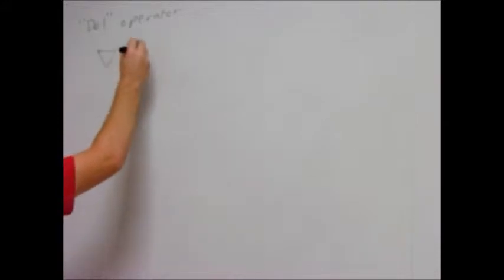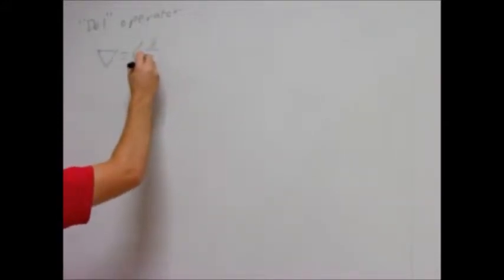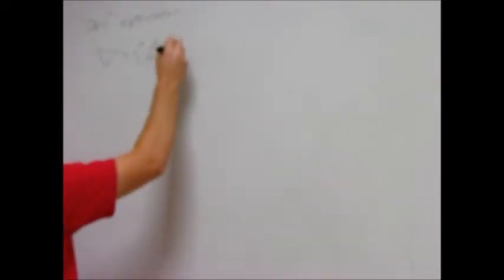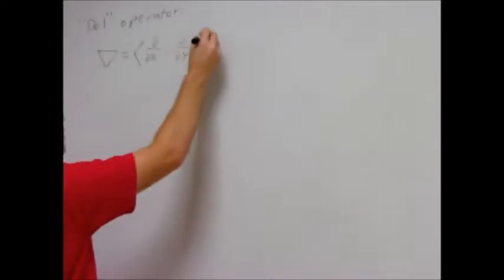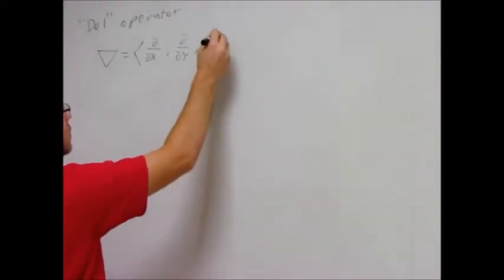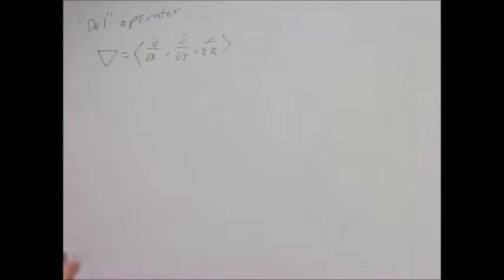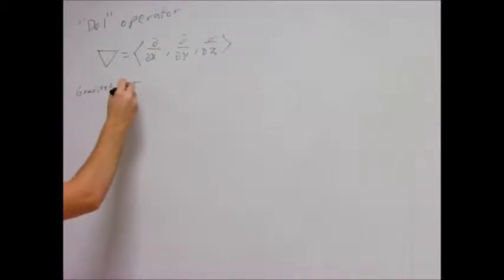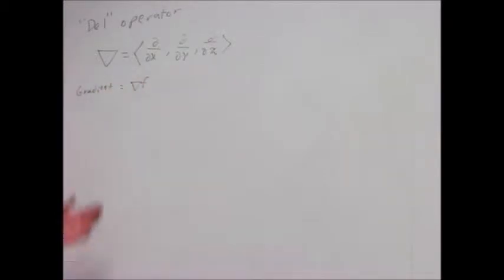I said how it represents a vector of partial derivatives, and how the gradient of a function, which is del f, was a vector field of the first order partial derivatives.